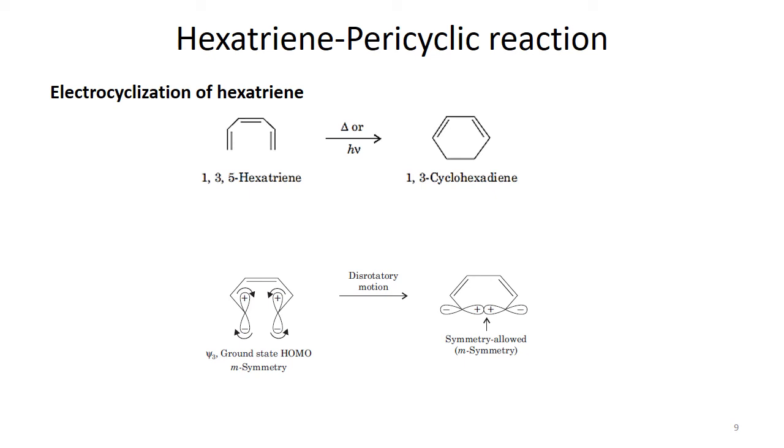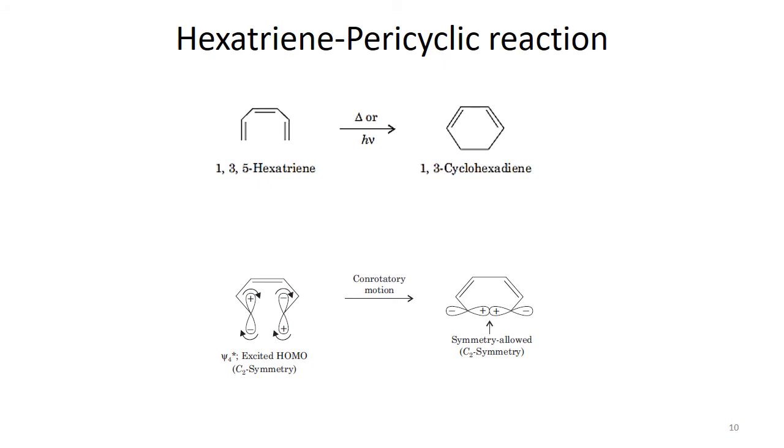This is quite the same thing that we discussed in the previous slides. This is how we can summarize that in case of thermal reaction, psi 3 undergoes disrotatory motion and it results in a symmetry allowed pathway; when we talk about mirror plane symmetry, then we get this kind of 1,3-cyclohexadiene.